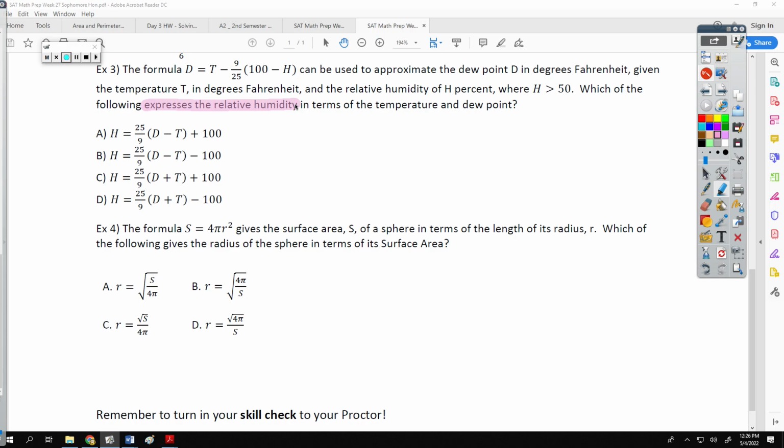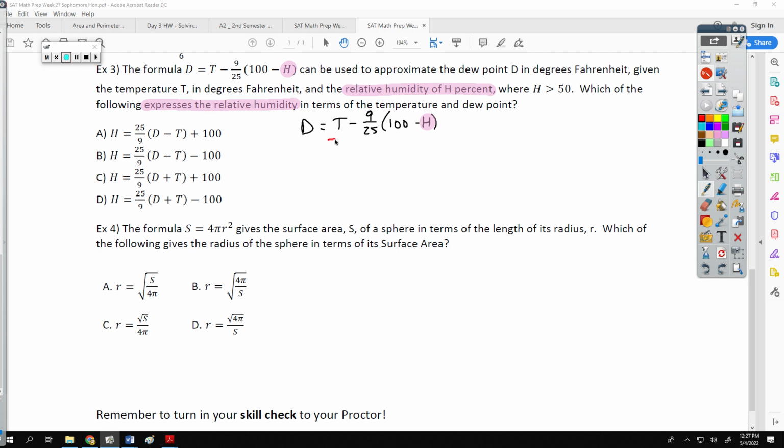So when we see relative humidity, and relative humidity was H, that means we need to solve for H. So we take that equation, D equals T minus 9/25 times 100 minus H, and our goal is to free H, to get it by itself.